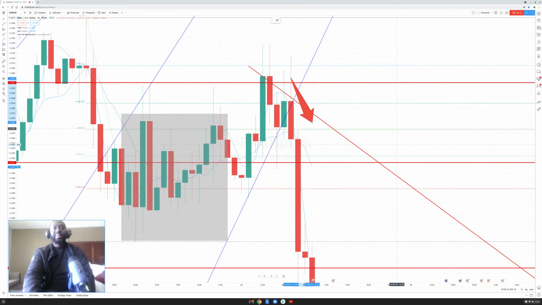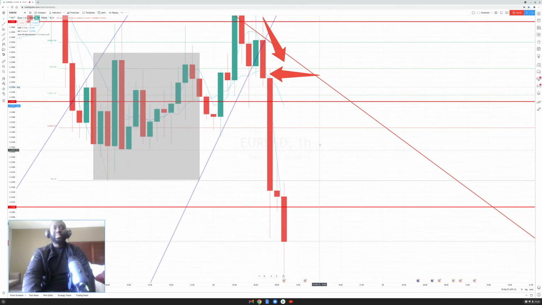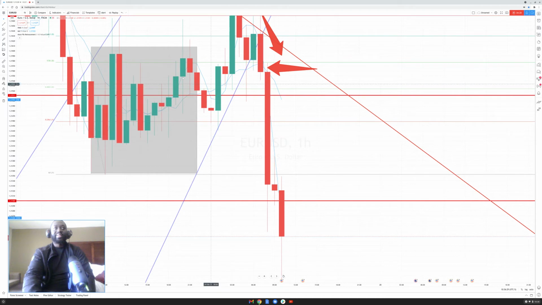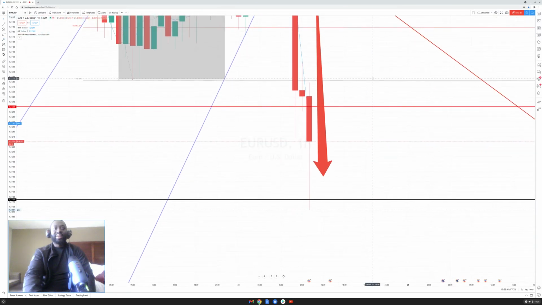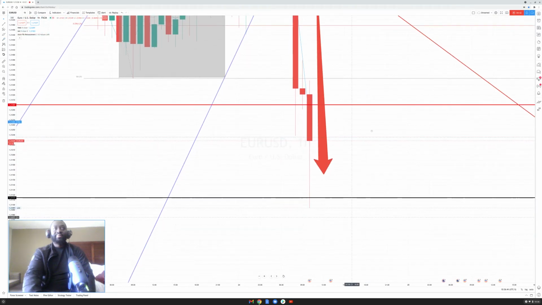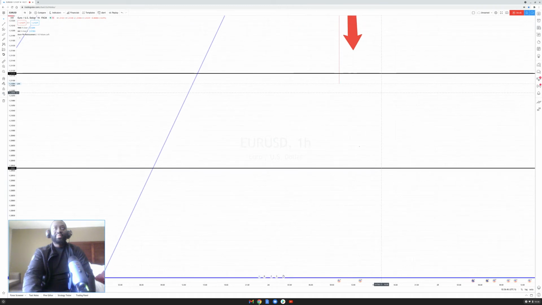And this right here is where the HMA9 crossed the MA9 close, which is a second confluence, letting you know that price is coming all the way down, possibly to a major key support area, which is somewhere here.